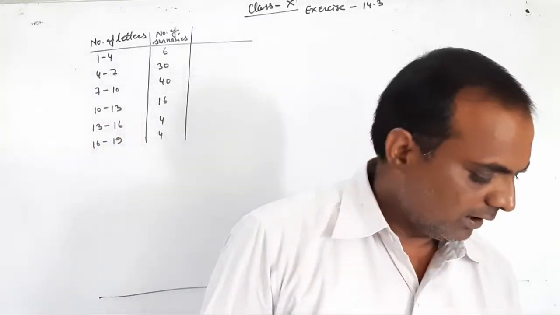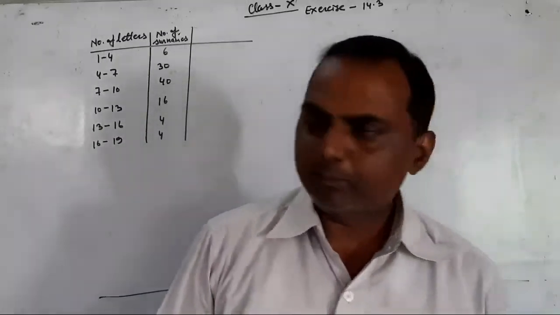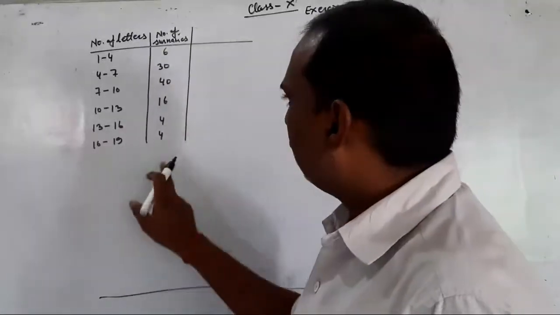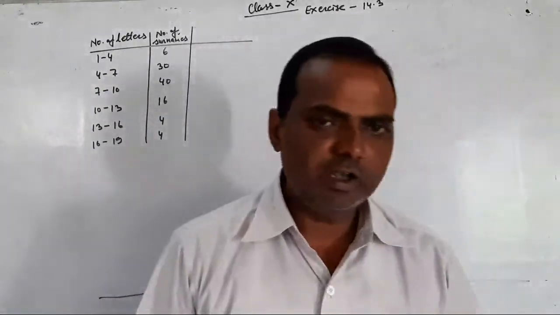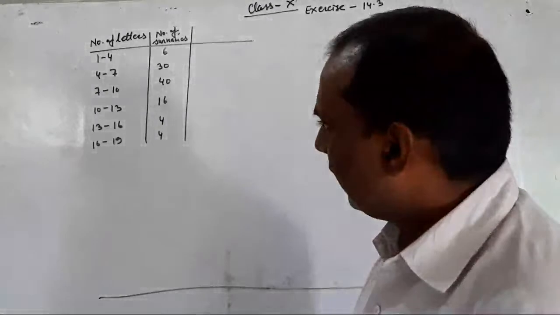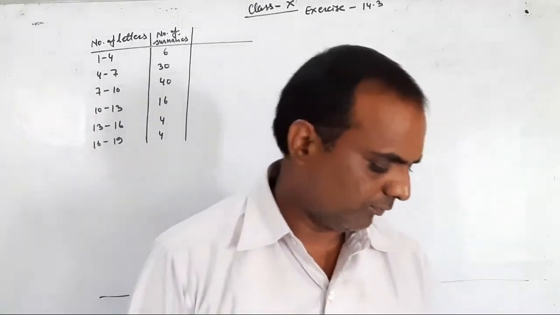And the number of surnames are also given respectively: 6, 30, 40, 16, 4 and 4.